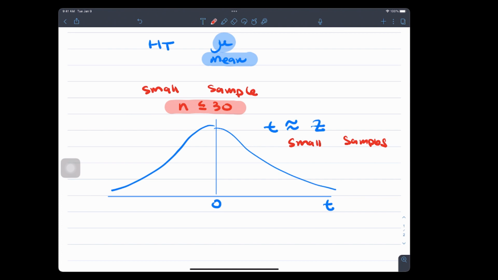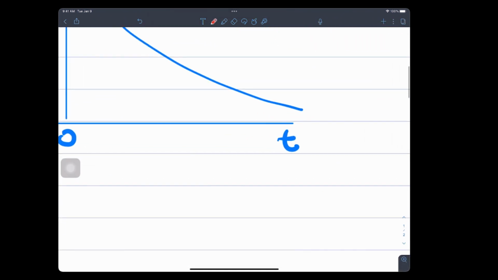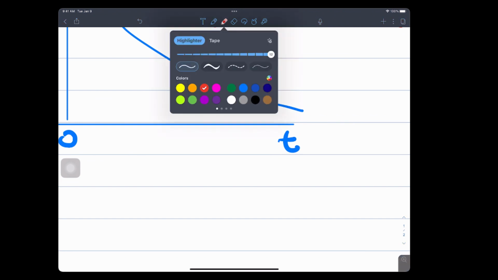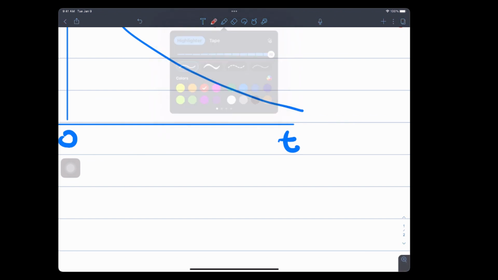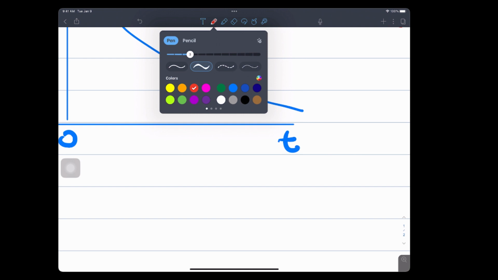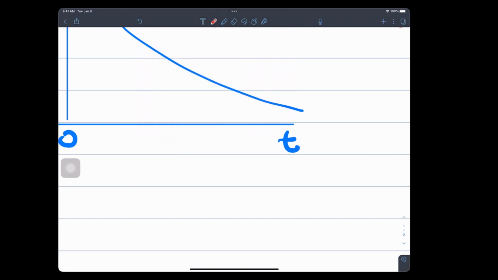Now, here's the thing about this. Because we're looking at the t-distribution, we're going to look at the traditional method. And for the traditional method, to get your critical values, you're not going to use inverse norm.